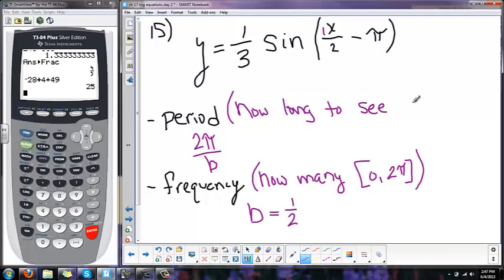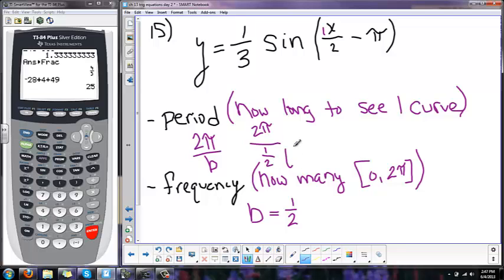How long does it take for me to see one curve, or one full cycle? Okay, so that's the difference. How long does it take for me to see one curve versus how many curves will I see in this range? So if period is 2 pi over b, this is actually 2 pi over 1/2.